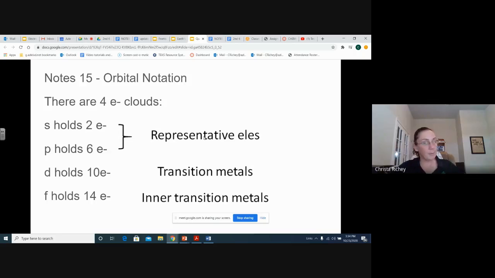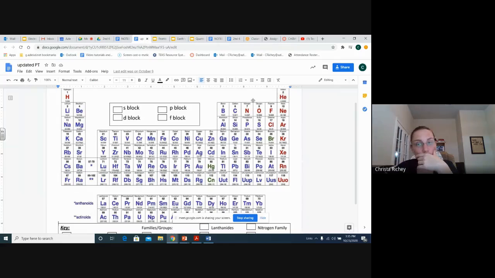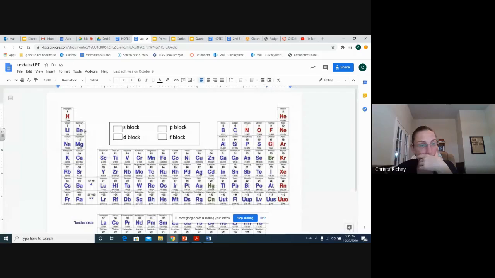So on your periodic table, and since I am sharing my screen, if I can find where I put it, this one. Okay, so if you bring helium over here, here is your S block, literally 1, 2 elements wide. Here is your P block. Yes, I know not all these are filled in.